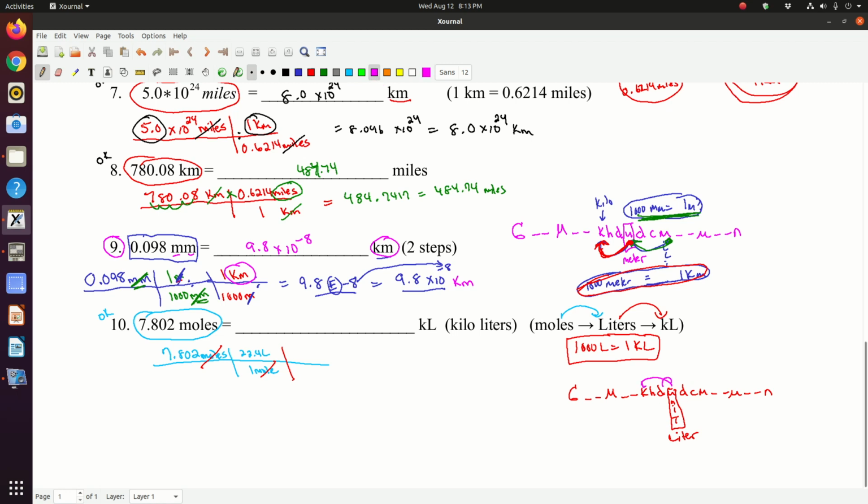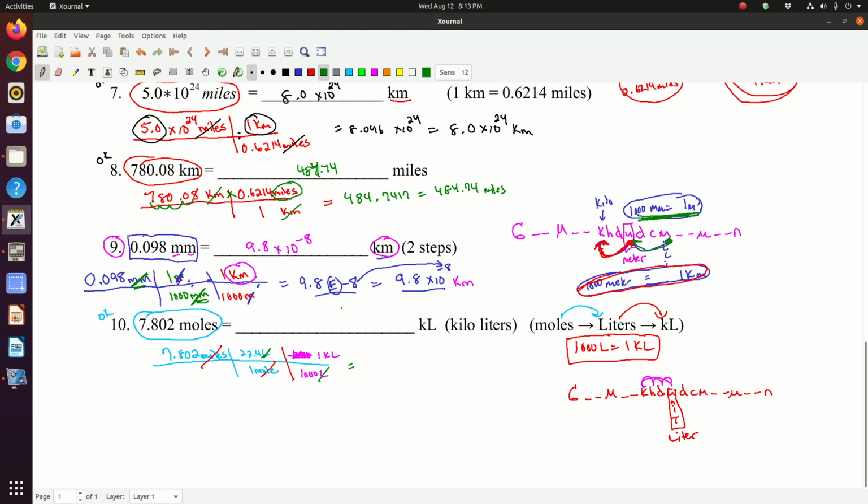And so that means 10, 100, 1,000, or 3 places to the left. So it's 1,000 liters in 1 kiloliter. I have to put 1,000 liters on the bottom and 1 kiloliter on top so that the liters will cancel. And this is the whole reason you need to have your units, so you can check that. Units cancel. Liters numerator, liters denominator.